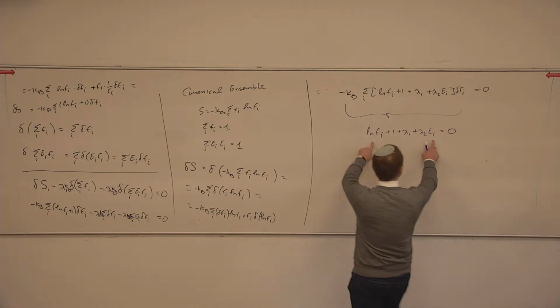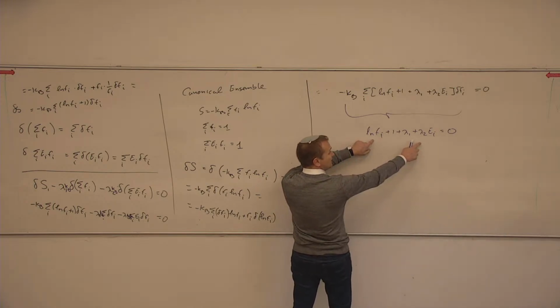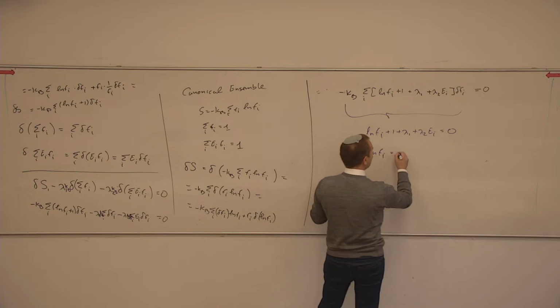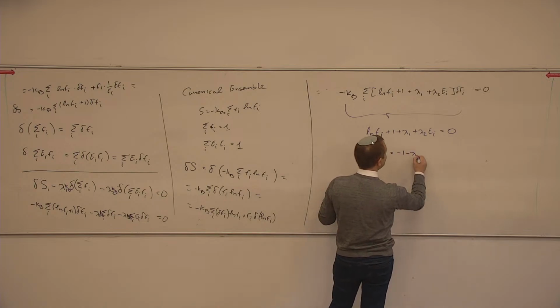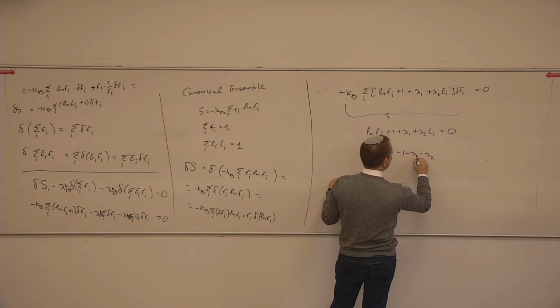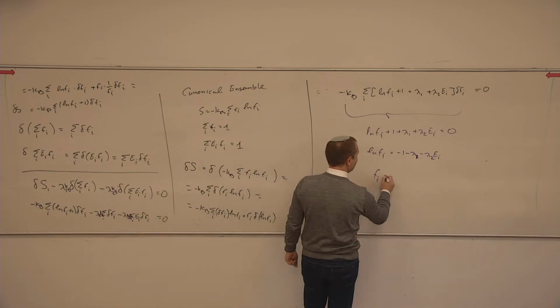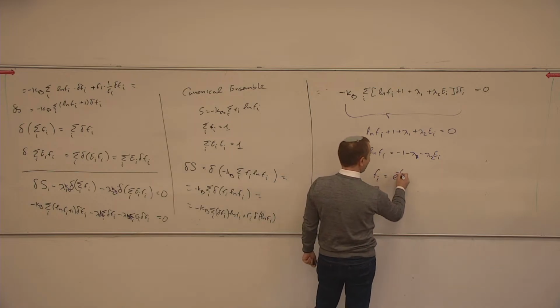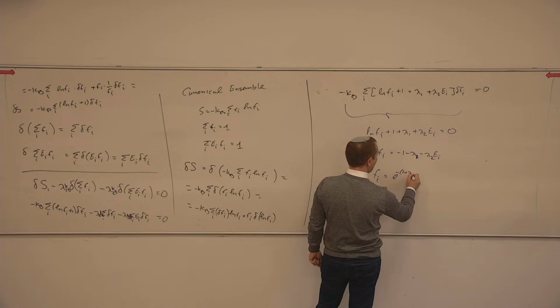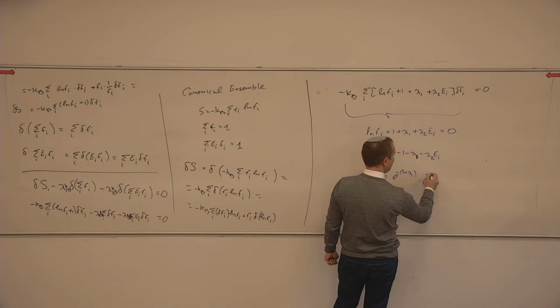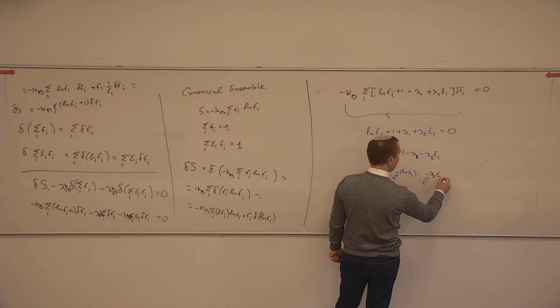Okay, I have this equation, and it becomes extremely easy, right? So log of fi equals minus 1 minus lambda 1 minus lambda 2 ei. So fi equals e to the power minus 1 minus lambda 1 multiplied by e to the power minus lambda 2 ei.